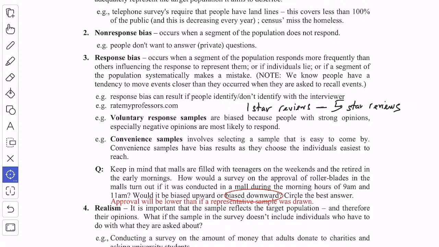So that avoids bias. I'll just write it down in case you didn't hear what I said. Consumer Reports. Or it tries to avoid bias.